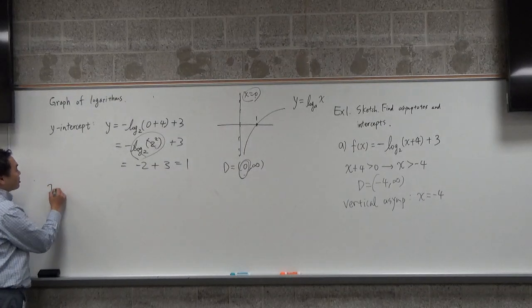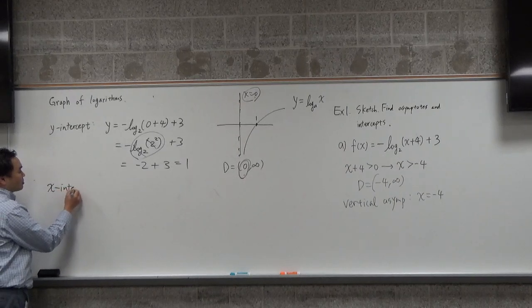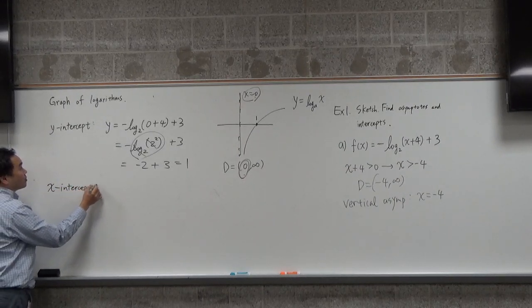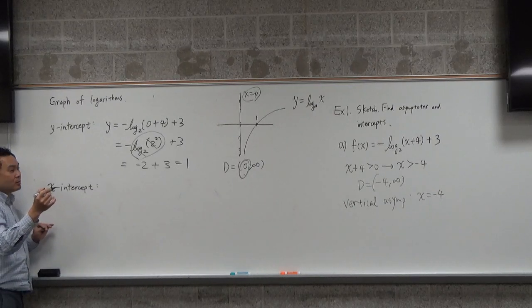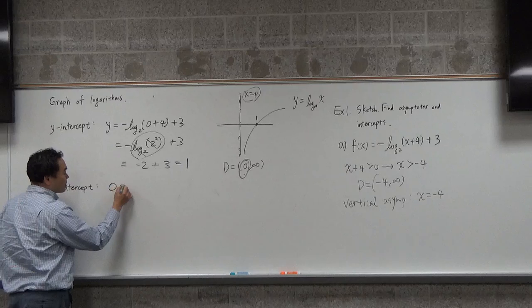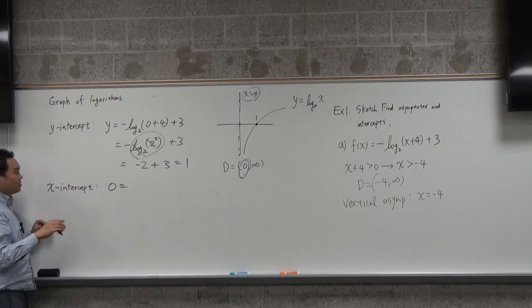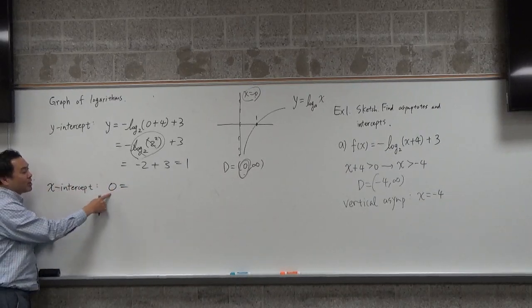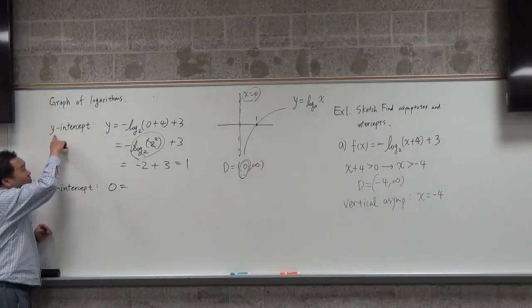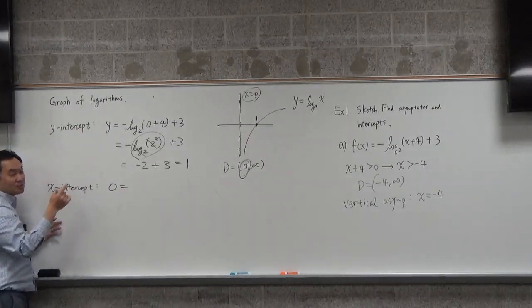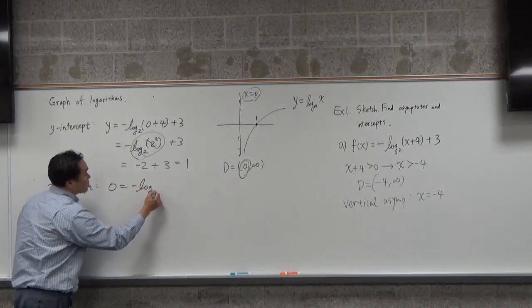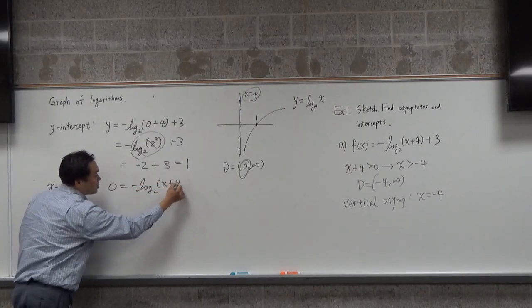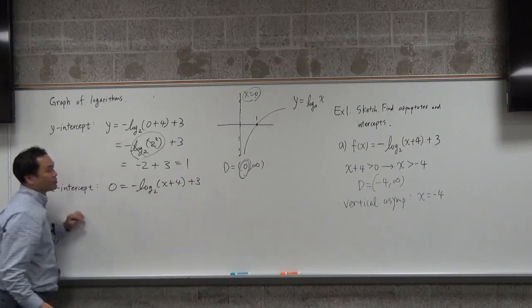Okay, next, how do you get the x-intercept? You set y as 0, right? To get the x-intercept, you set y as 0 and solve for x. To get the y-intercept, you set x as 0 and solve for y. That's basically the idea, always. So you have negative log base 2 of x plus 4, plus 3.